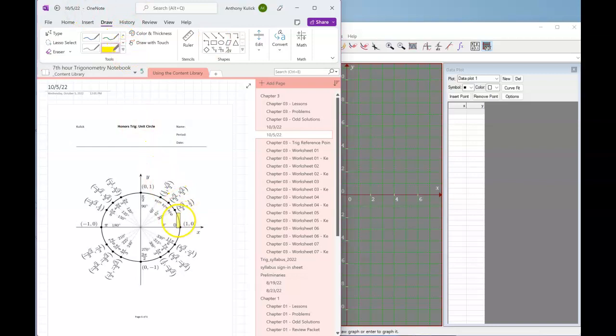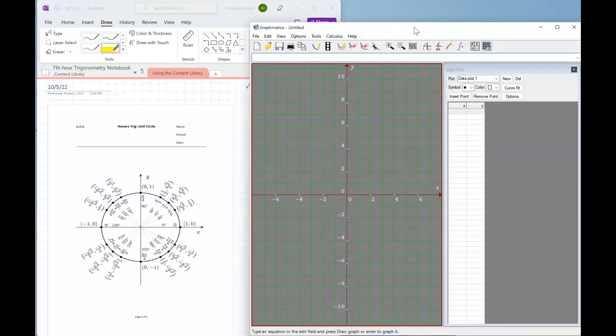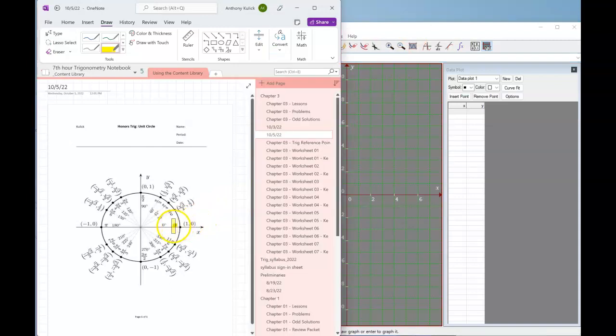So what I'm going to do now is use the unit circle to generate points for the sine function. I'm going to plot those points using this graphing software right here. We're going to look at the pattern that we get. Everybody cool? So the first angle measure I'm going to use is 0 radians, and sine of 0 is equal to 0.